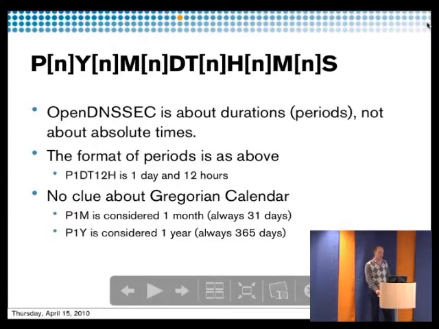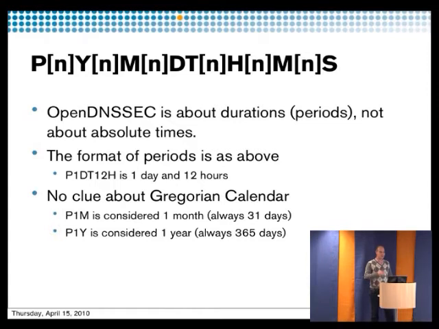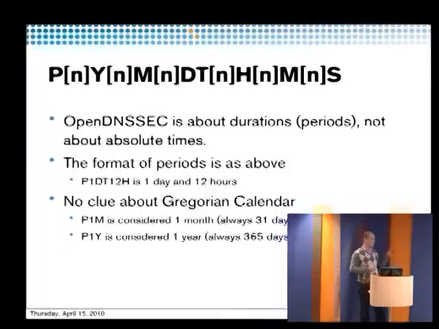But since we are converting everything into seconds for OpenDNSSEC, and 1 year is not exactly the same amount of seconds, because we have leap years, and the months also vary. In OpenDNSSEC we say that 1 month is 31 days.